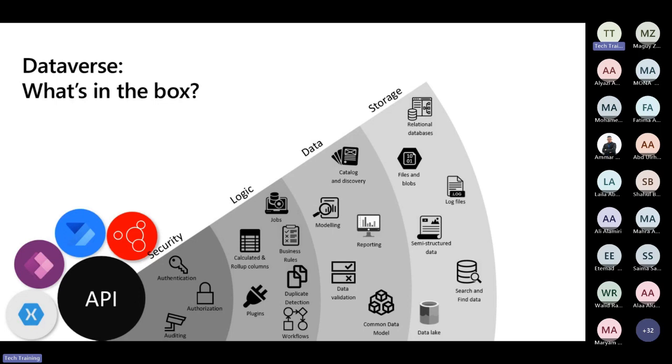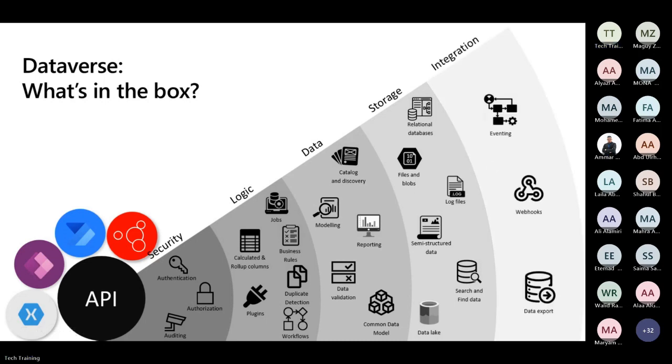So the data lake is one place of storage that stores large data. I can also integrate it within any of these services that are related to integration and can be integrated within Dataverse.